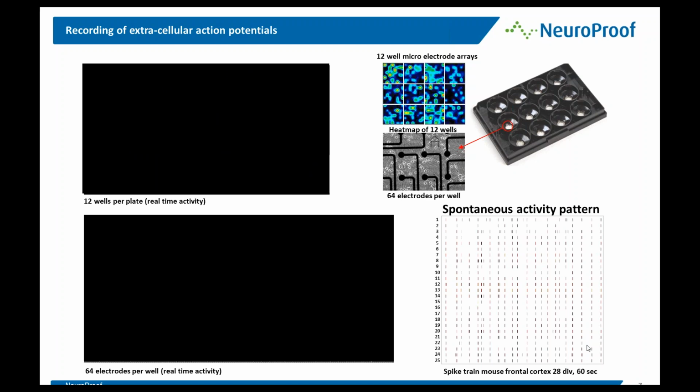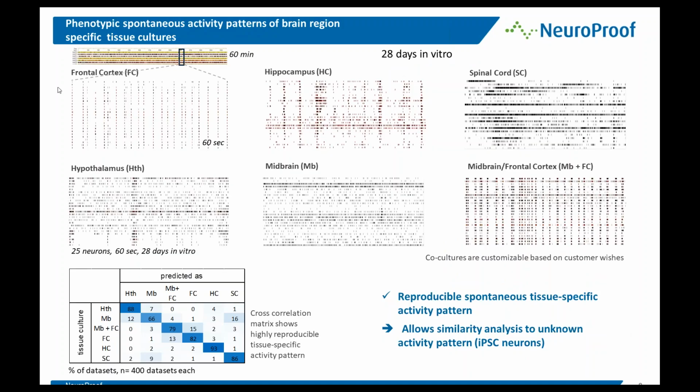Now, in this bottom right corner is a spontaneous activity pattern, and this pattern is very specific. Here you see that for frontal cortex, it's a 60-second window at 28 days in vitro. But that is different between different neuronal cell cultures, as you see in this slide. So cortex is in the top left corner here, but we also have tissue cultures from hippocampus, spinal cord, and midbrain, which are very unique.